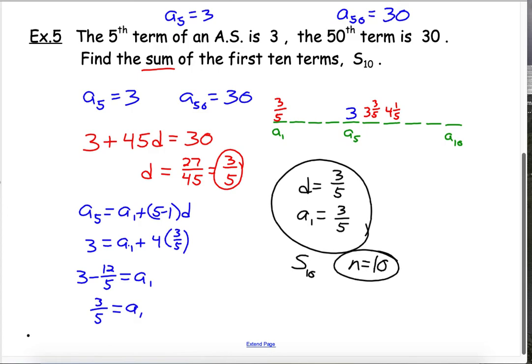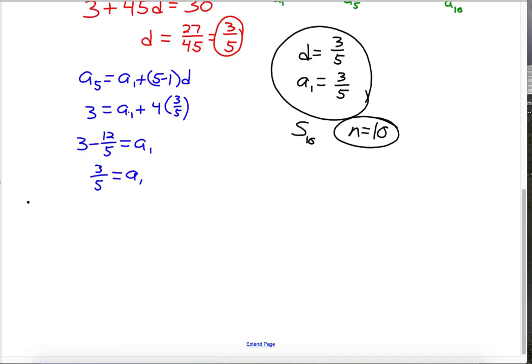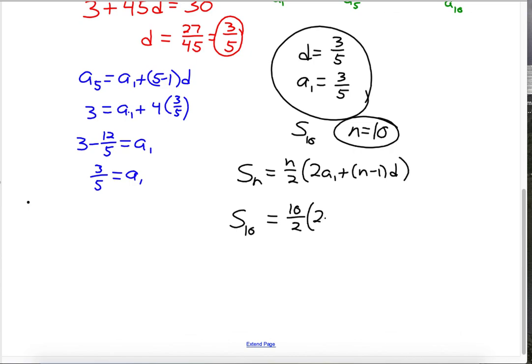We have a sub 1, n, and d. So using that formula we just generated, s sub n is equal to n over 2 times 2a sub 1 plus n minus 1 times d, and we're ready to go. S sub 10 for this particular sequence is going to be 10 over 2 times 2 times a sub 1, which was 3/5, plus n minus 1, so 10 minus 1 is 9, times the common difference, which was also 3/5.